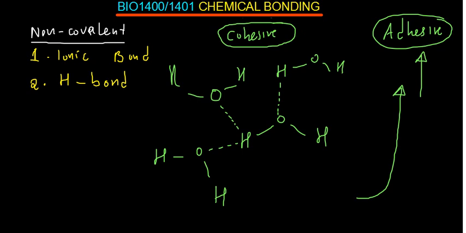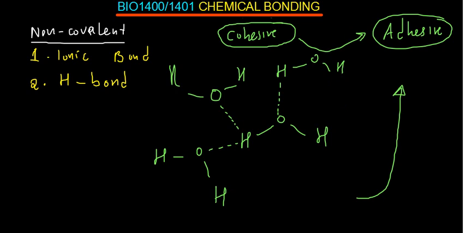Because of this, cohesion and adhesion will give you what we call capillary action. Okay, capillary action. This will tell you why water is able to move up a tube without any force pushing it. This is very, very important for water.